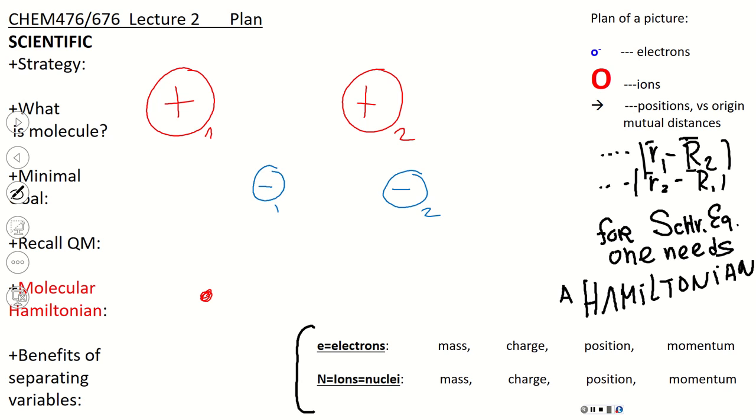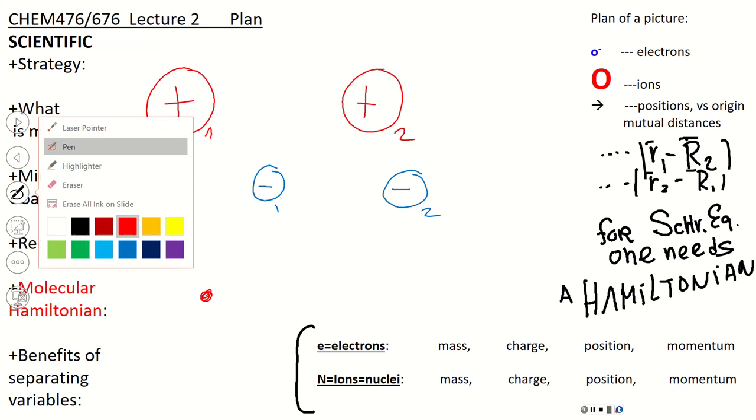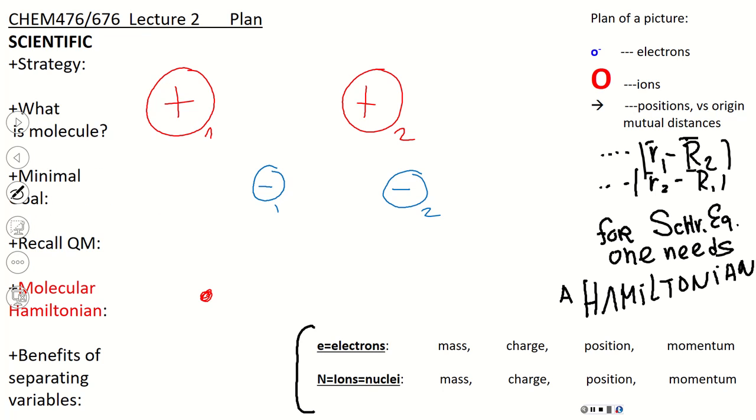So let me use lowercase vectors for electrons and uppercase vectors for nuclei. r1, r2, right, for electrons.